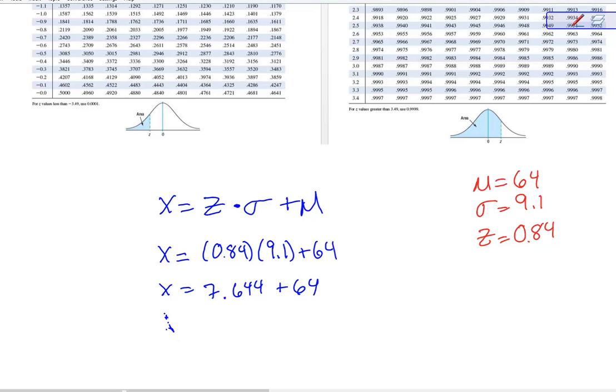And my pen is messing up again. Let's see here, 7.56 plus 64 is going to be 71.56.